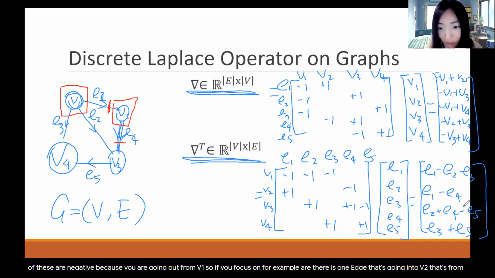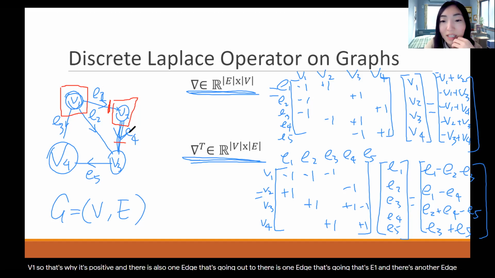And there is another edge going out, that's E4. So you have the corresponding signs for these vertices. The previous one focuses on each edge and its gradient. The second one focuses on each node and its divergence.